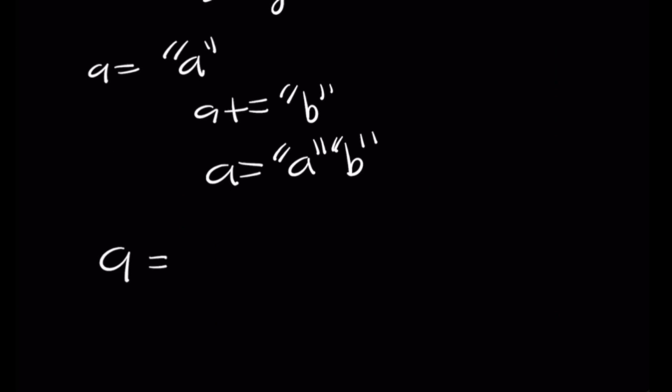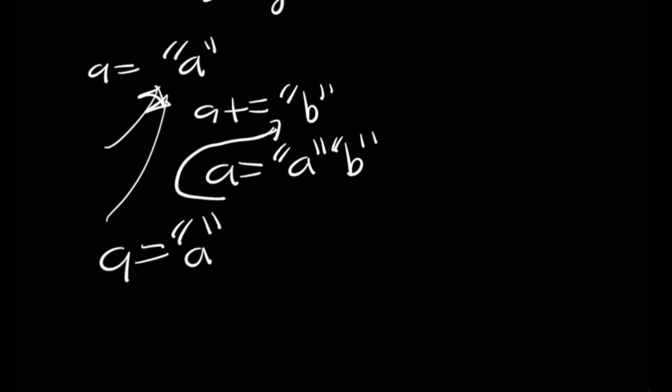So the old one is still stored somewhere in memory. We make a new string, look at what a was, bring it to the new memory, and then look at what we're trying to add. We make a new space for b, and create a new string, basically. This is why it's very important to avoid string concatenation if possible.